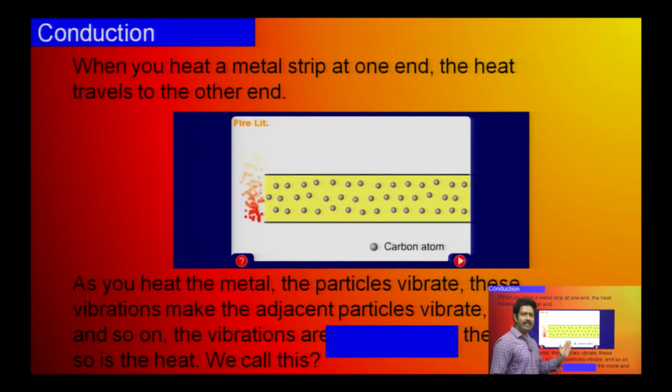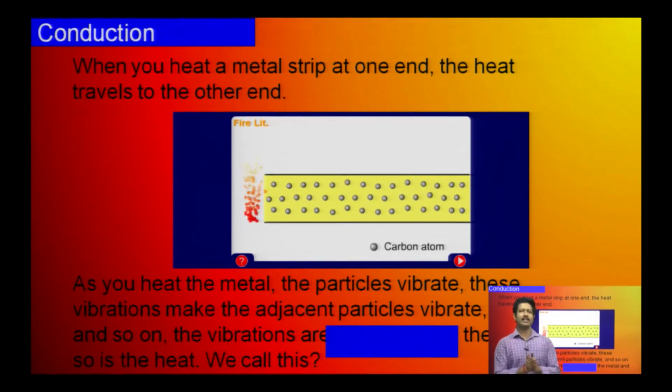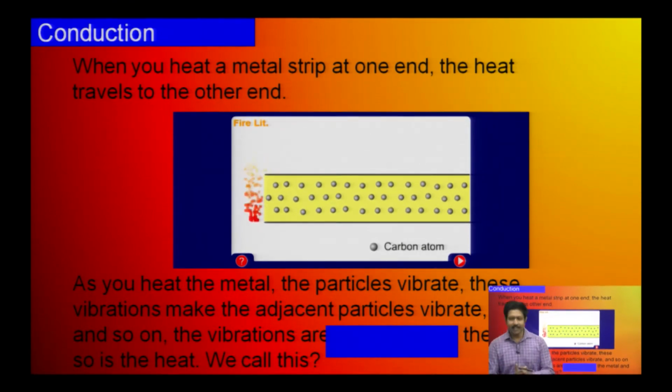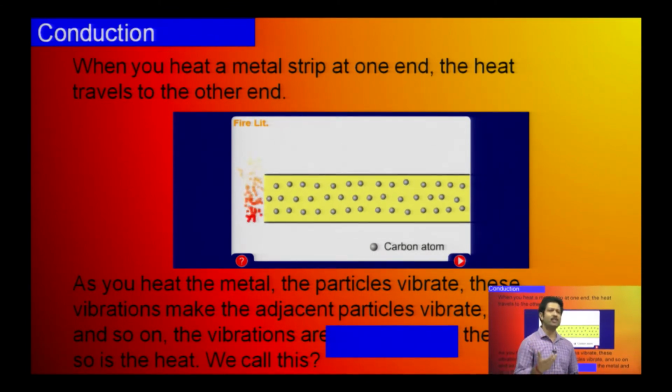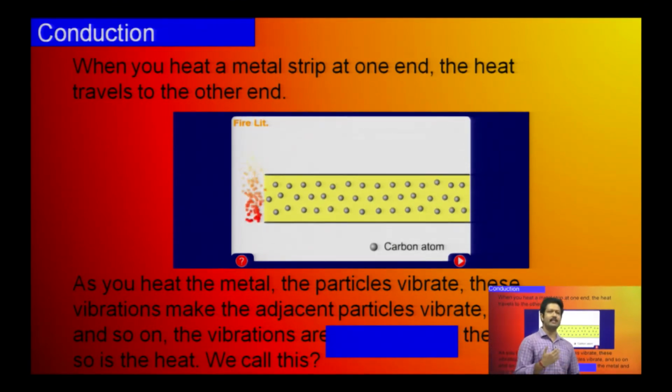These atoms, these lattices, have extra electrons. Those extra electrons in an electrical circuit carry charge in coulombs, and in a heat circuit they carry heat. So we need to have extra electrons. Metals do have extra electrons, so those are the carriers of charge as well as heat.